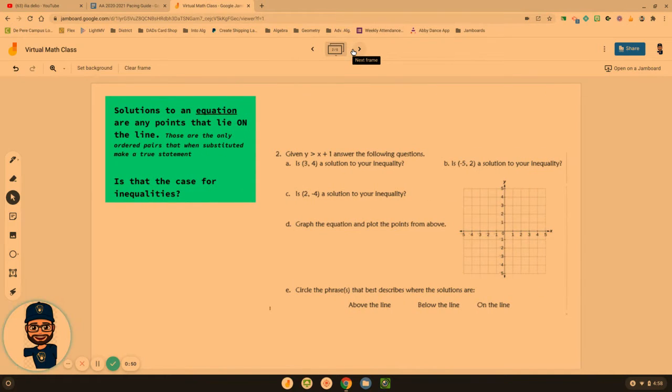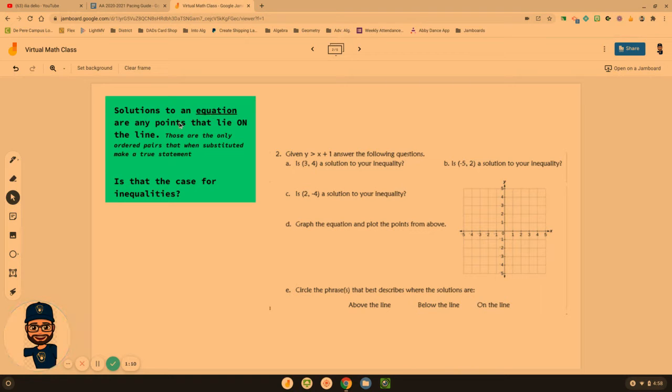Now, solutions to an equation, just to an equation, are points that are on a specific line. That's only if we have an equation. Like we talked about x equals 3 and the difference between x is less than 3 and having infinite amounts.